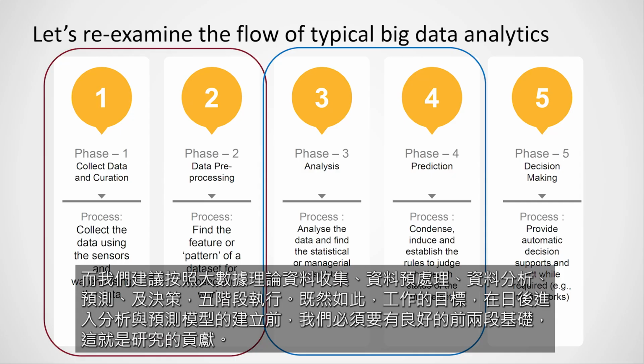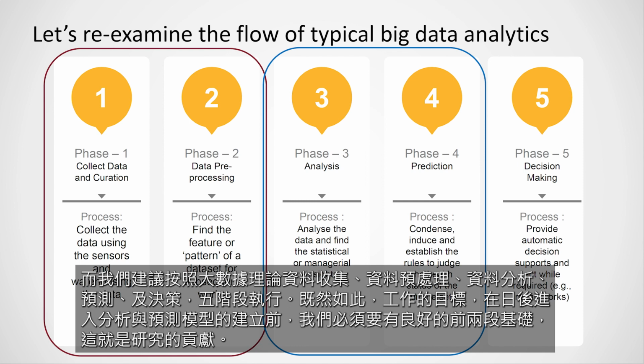Let's review the flow of typical big data analysis work. The first step of a big data analysis involves the collection of data. So for our case, it is to collect the data using the sensors and warehousing the data. And the second step is data preprocessing. So for us, we are to find the feature or pattern of a data set for subsequent data work.